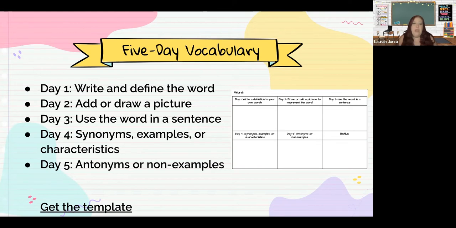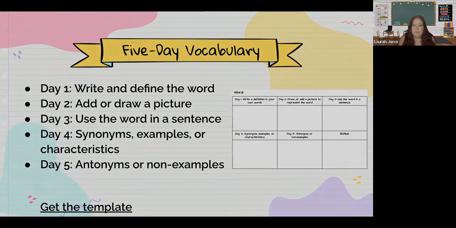And then day 5 is antonyms or non-examples. And when I say non-examples, I mean things that the word is not. So if we're in science and we're talking about liquids, then a non-example would be oxygen in its gaseous form, of course, or wood, obviously. So those are our 5-day steps.